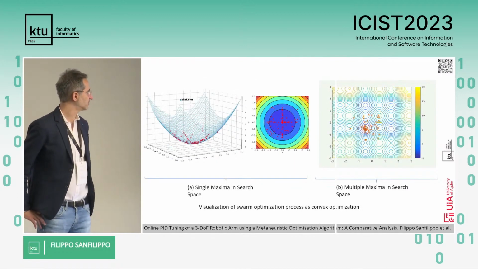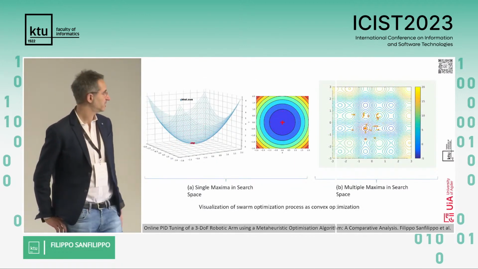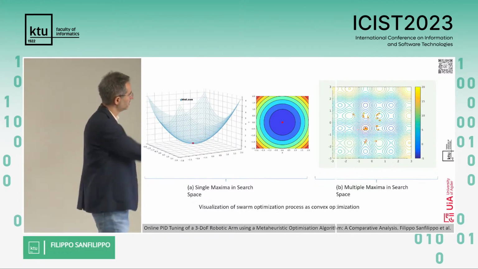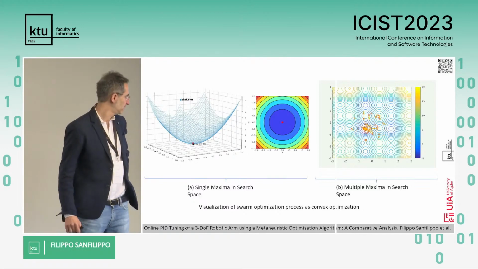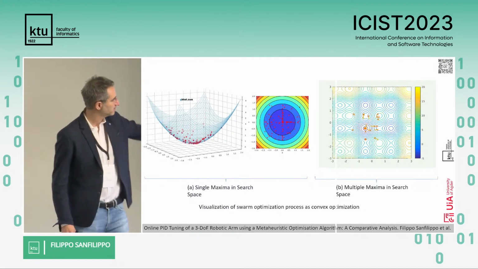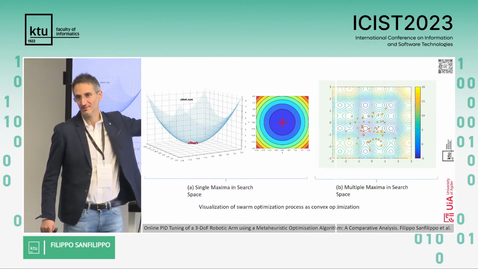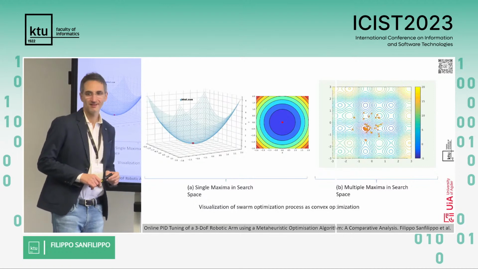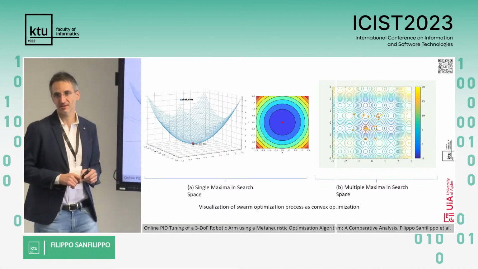Some of the challenges when we use such algorithms that are heuristics or meta-heuristics is that in an ideal case we might have only a single minimum or maximum in our search space. But in real cases, we unfortunately find ourselves in this situation where we have multiple maxima in our search space.